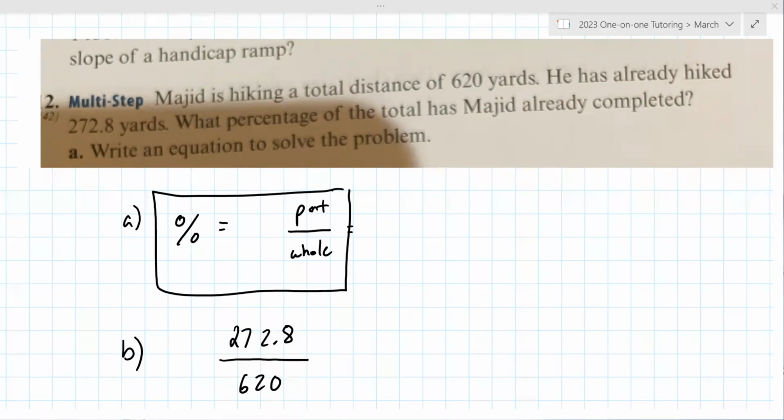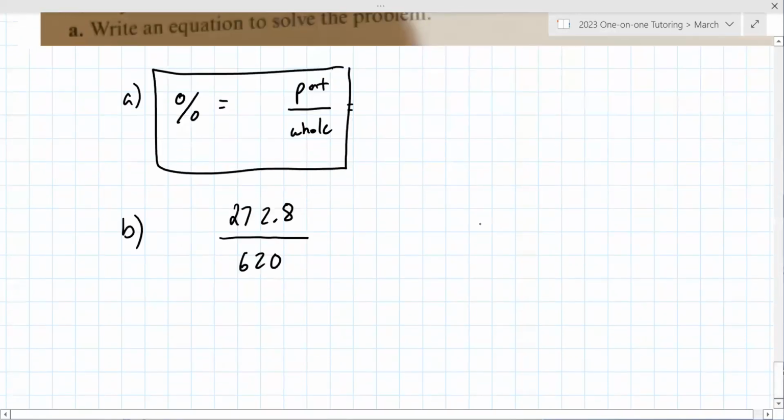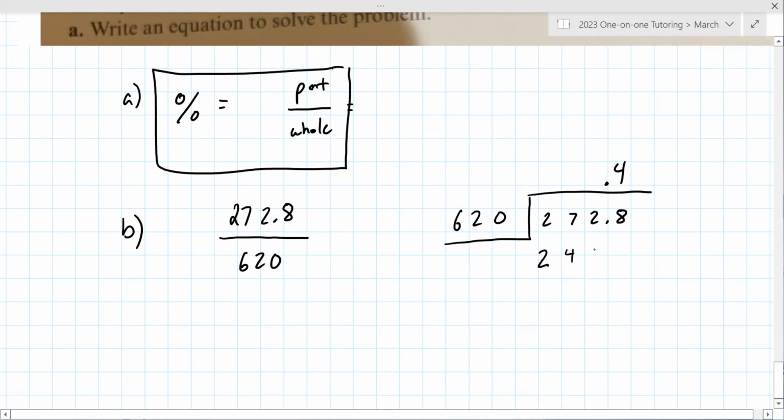I can show you how to do this longhand. You put the 620 outside the house and the 272.8 inside the house. And so what you find is that it goes in 4 times. That might take some effort here. That's 2,480.